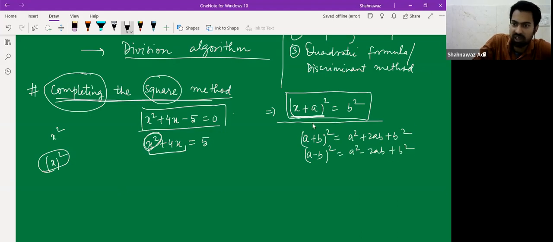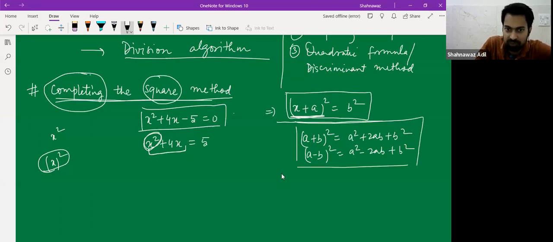So these identities we know. So we have to take this number as 2ab, right? Always remember that whenever you have this x number, this is the 2ab part, right?